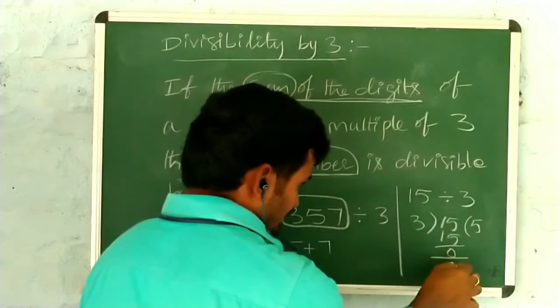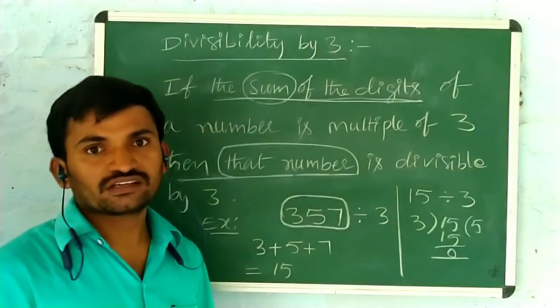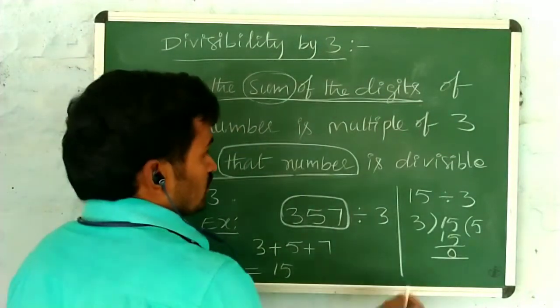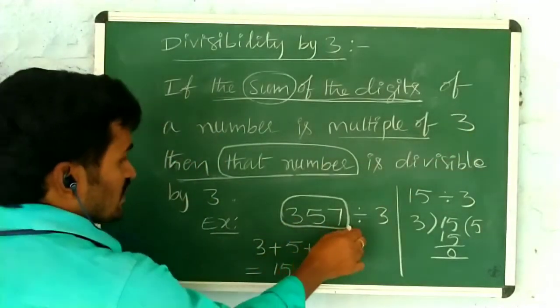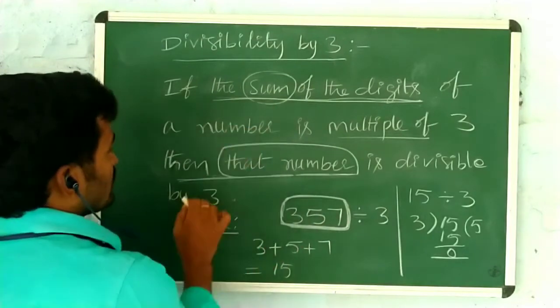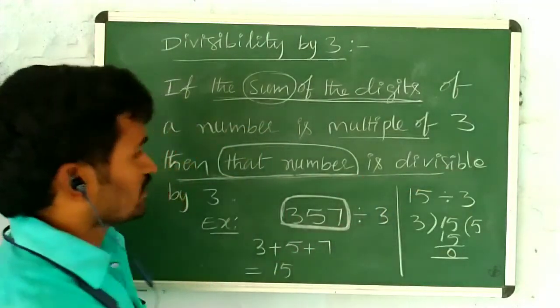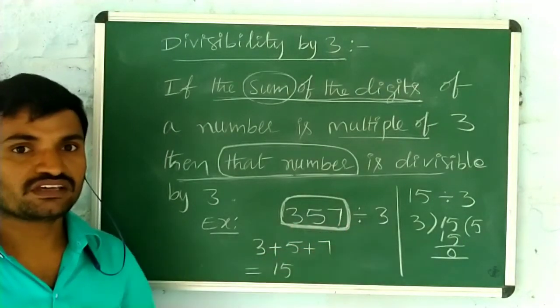So this 15 is divisible by 3 exactly, because we are getting remainder 0. So 15 is a multiple of 3. Then this number 357 is also divisible by 3.